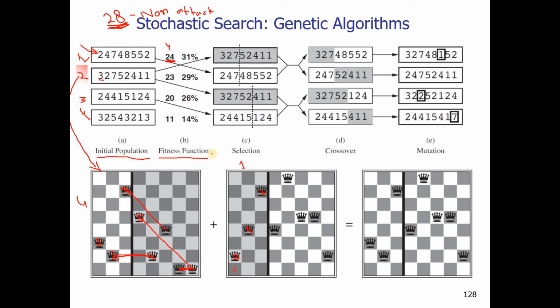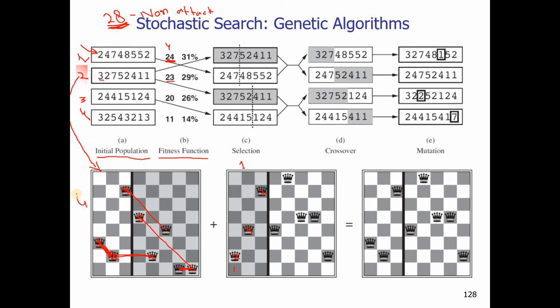Let me give you another example. What about this one? This board will have 23, so there is one more attack somewhere. Look at this: 1, 2, 3, 4. There is one more, just near to each other.